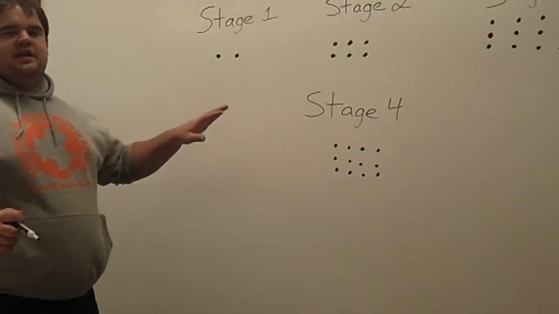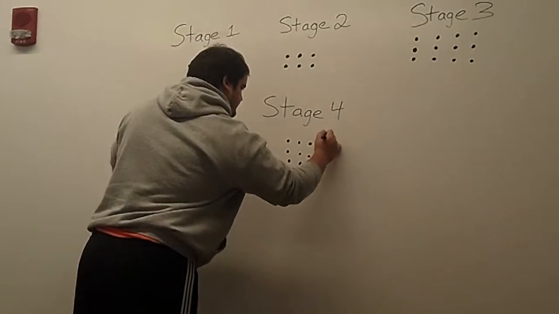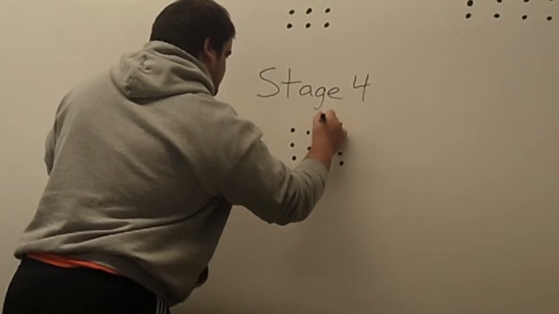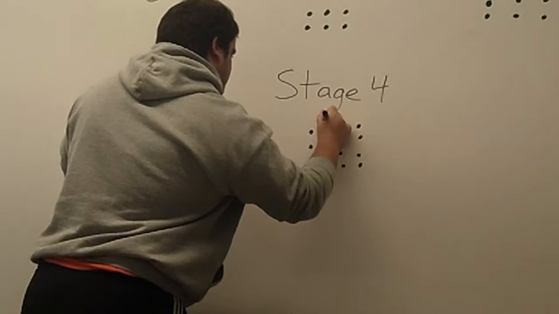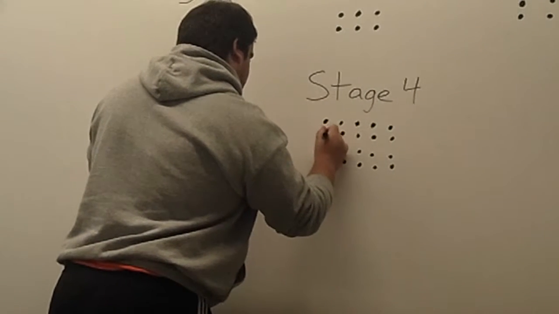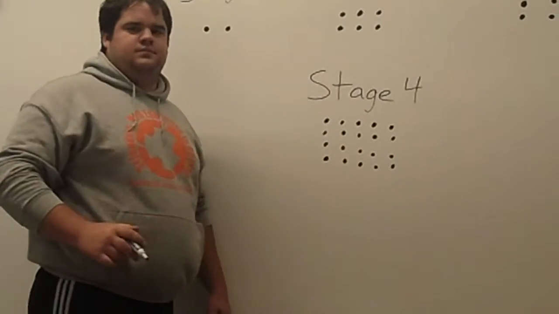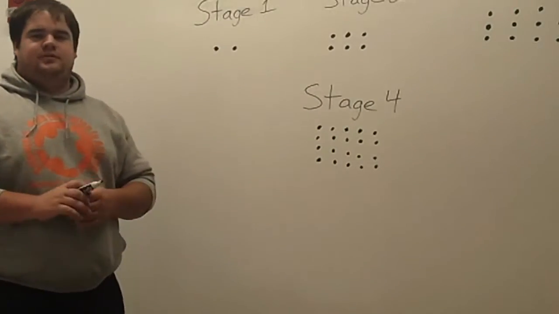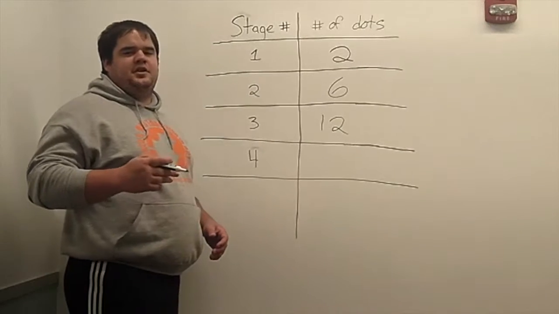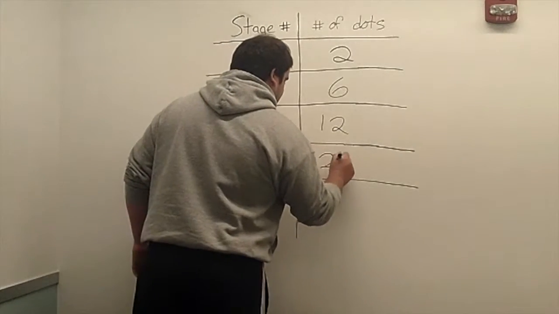To make it into the next stage, let's add a row across the top and a column down. And that's stage 4. Alright, since we were able to create the 4th stage, we know that the 4th stage has 20 dots in it.